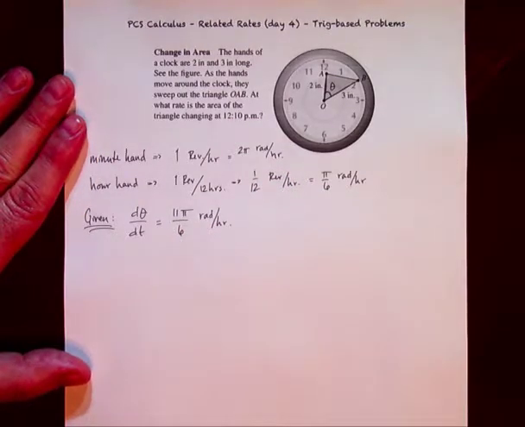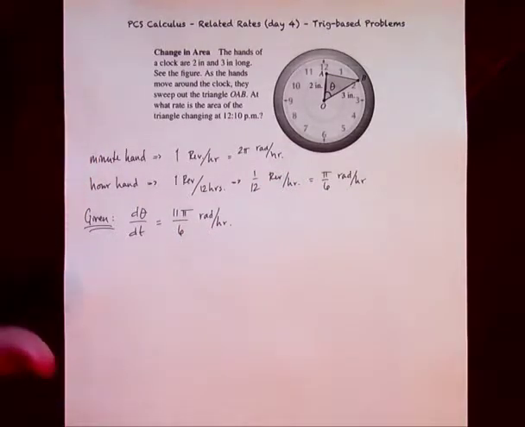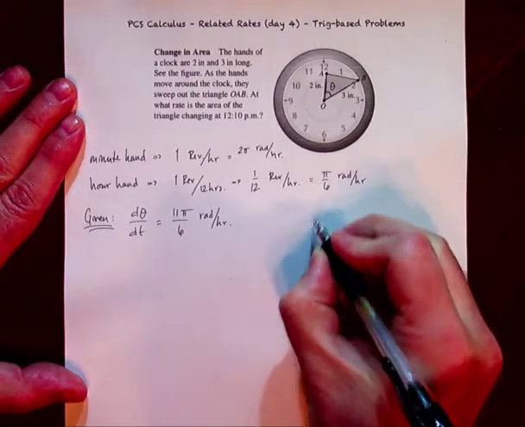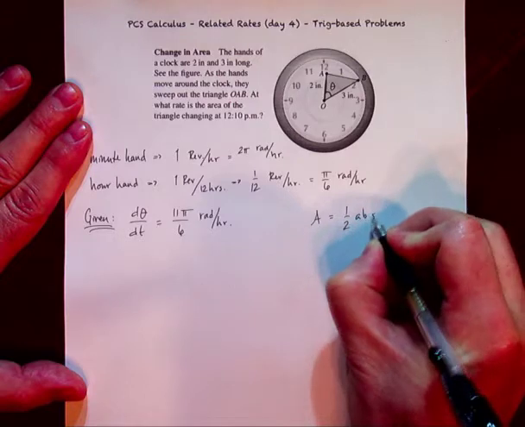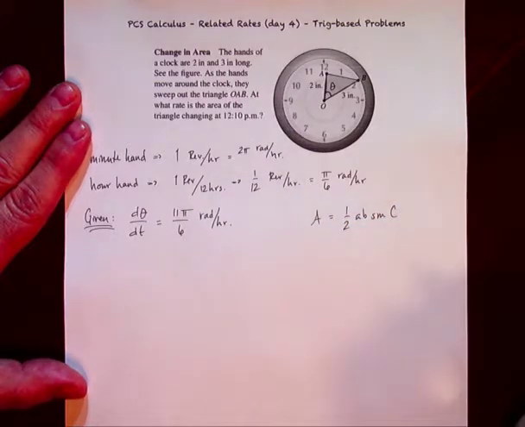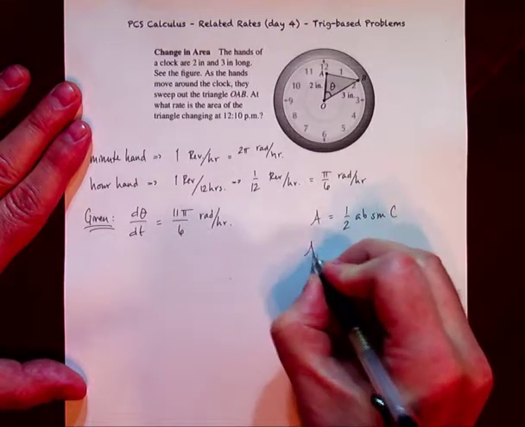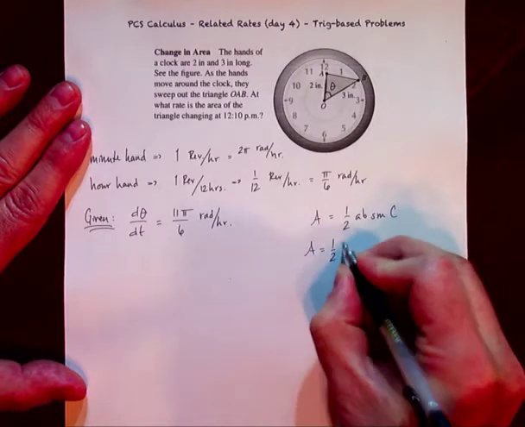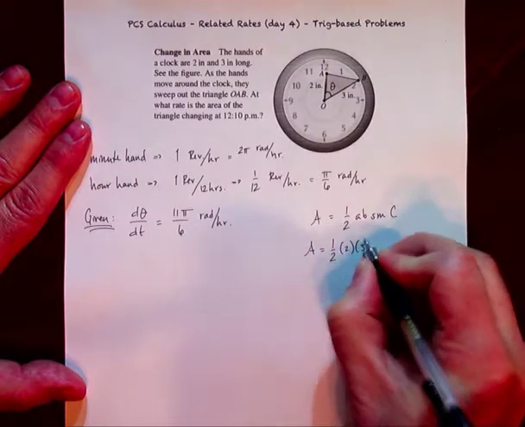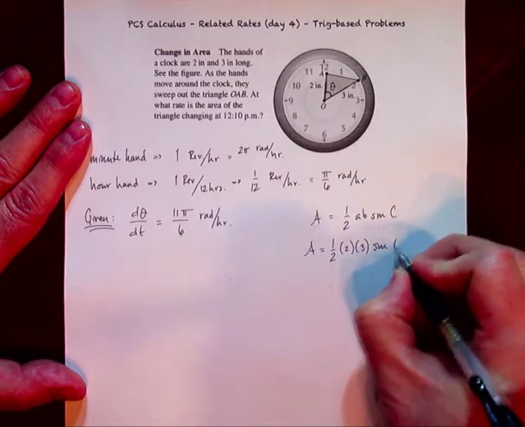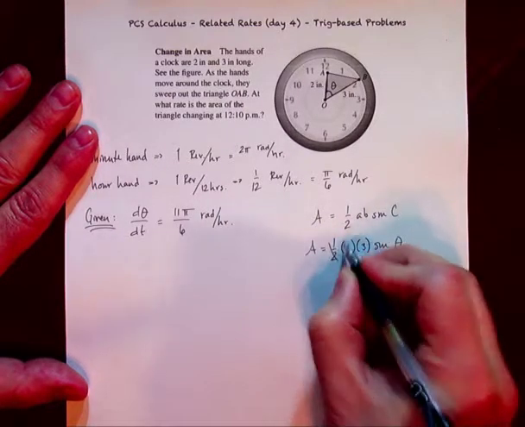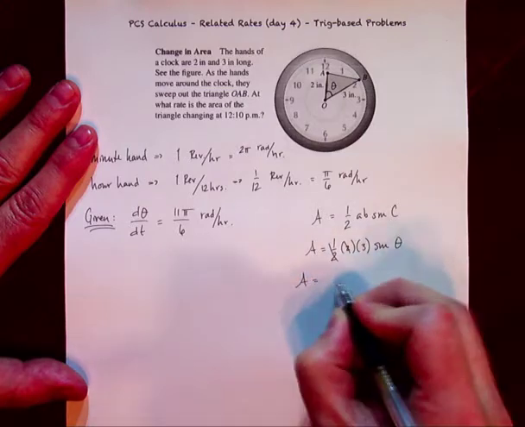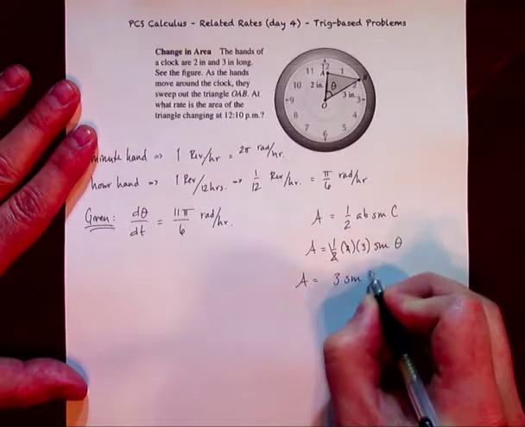Okay, well that's kind of interesting, because I know that the area of an oblique triangle we can get from 1/2 ab sine C. Well, in this case it's 1/2 times 2 times 3 times sine theta. Or, since those cancel out, A is equal to 3 sine of theta.